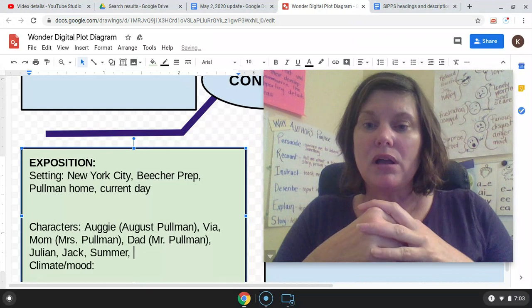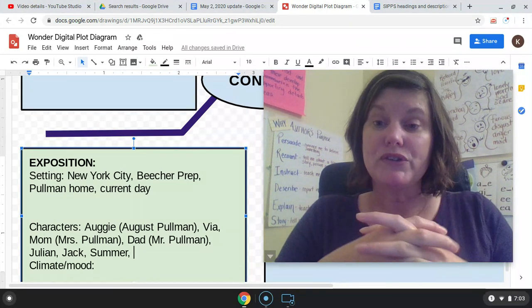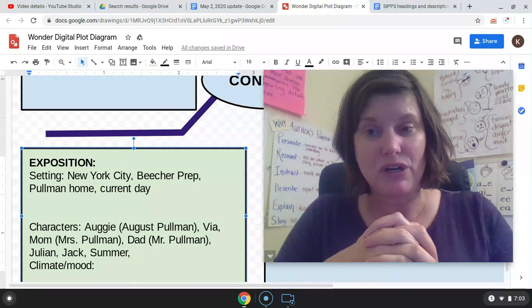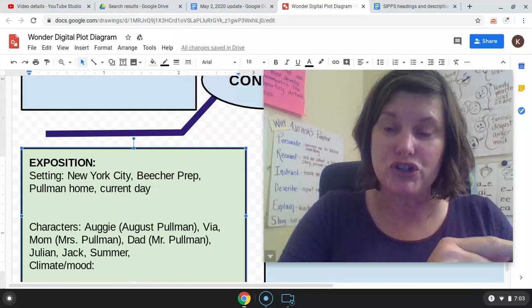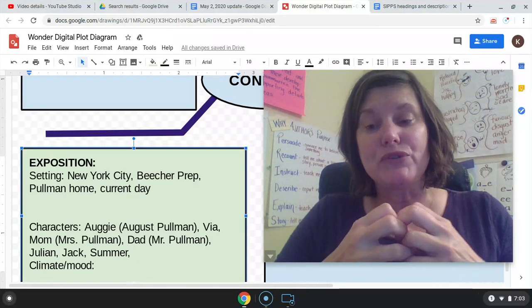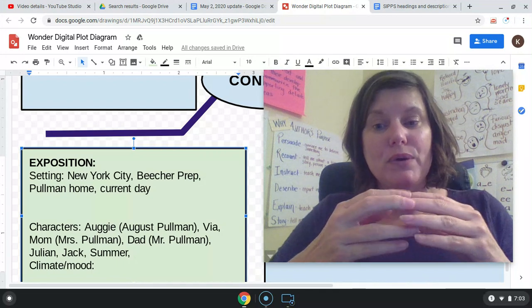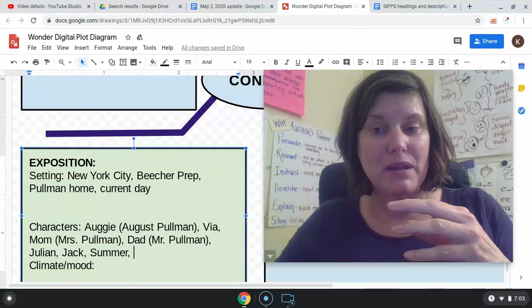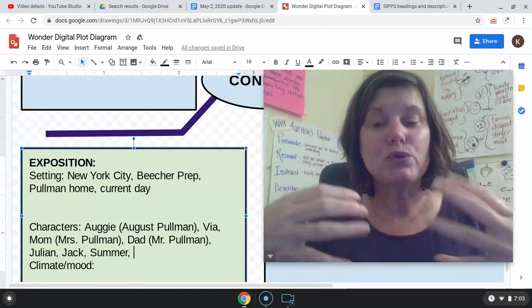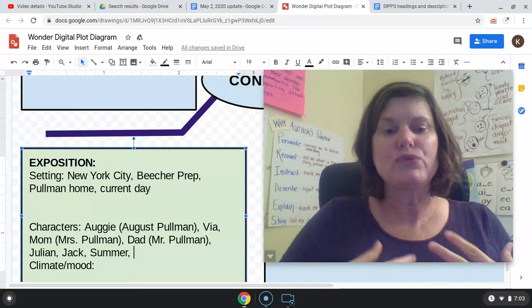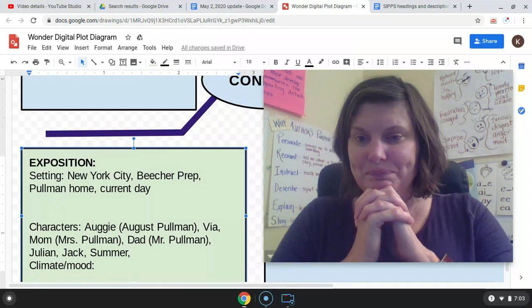If you recall, Summer was the student that was the only one to sit with Augie in the cafeteria. And because of Summer, she gave the clue to Jack, so they were able to repair the relationship and become friends again. So if Summer were to be removed from the novel, Jack and Augie may not have made up again, and the story would be completely different. So Summer does play a critical role in this novel.